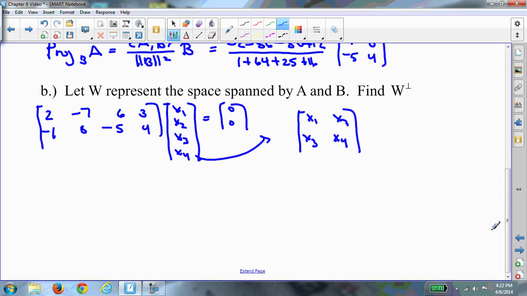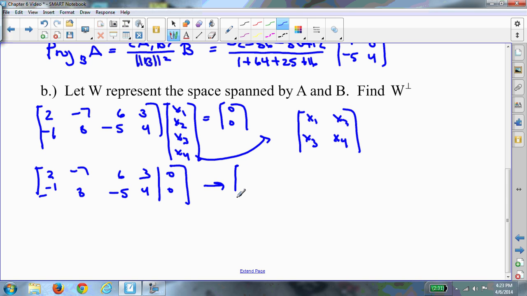So I'm going to rewrite this as an augmented matrix: 2, negative 1, negative 7, 6, and 3; 8, negative 5, and 4, augmented with 0, 0. Do a quick RREF on my calculator, and the RREF is 1, 0, 13 ninths, 52 ninths, and 0; 0, 1, negative 4 ninths, 11 ninths, and 0.